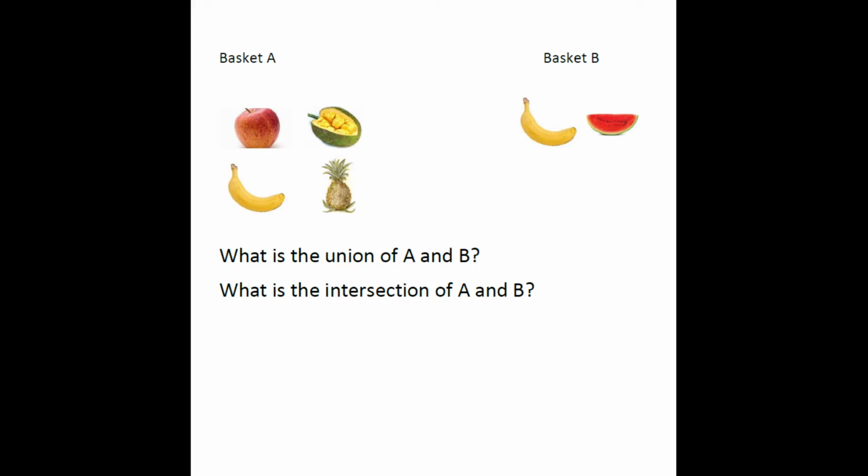So the unique number is 5. So the union of A and B will be 5. What is the intersection of A and B? From this simple illustration, we know the intersection will be banana. It is 1.